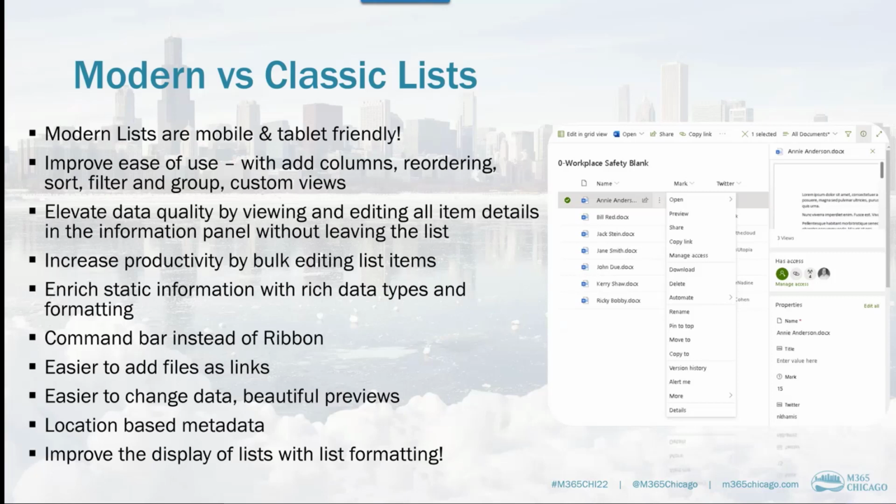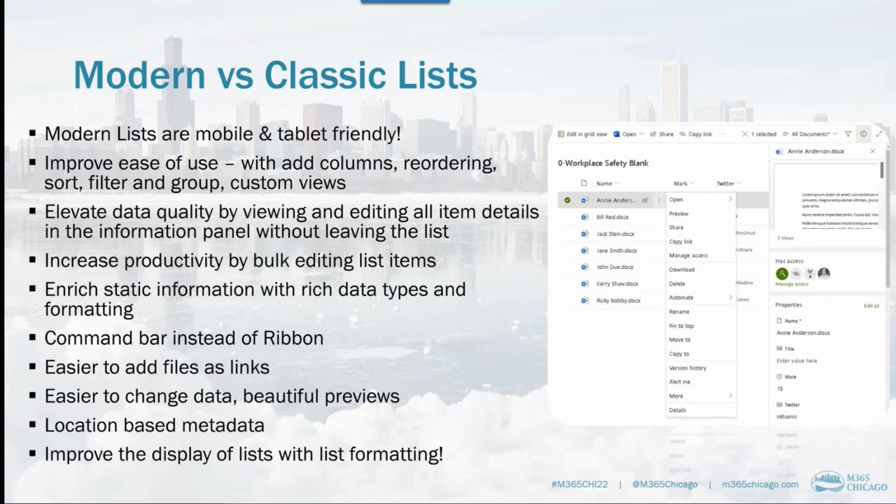Now, with the move to the cloud, Microsoft has given us this concept of modern lists and libraries, which are automatically mobile and tablet friendly. They are responsive and really easy to use. You can add columns right from the same screen while you're adding your data in. You can reorder, sort, filter, and create views all from those screens, add your data, add your metadata. And that's the cool thing about new age web-based technologies, and Microsoft has incorporated that in modern lists.